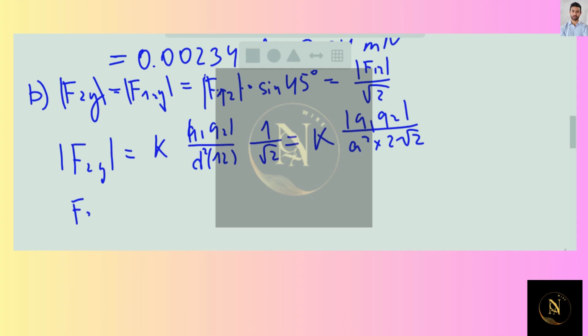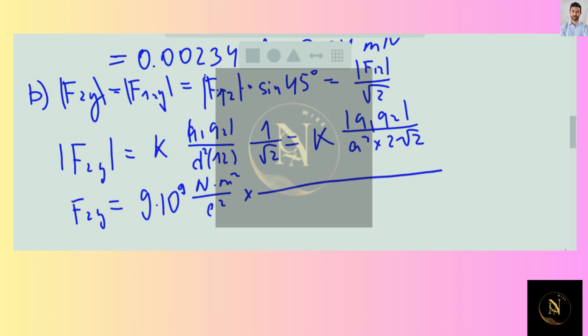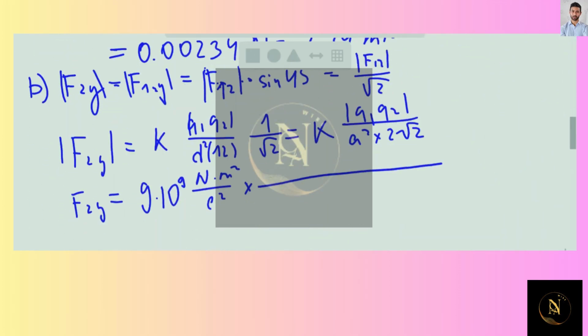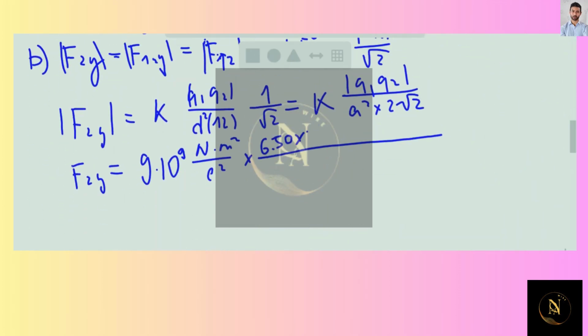Now let's calculate this number. It equals 9 multiplied by 10 to the power of 9 newton meter squared per coulomb squared, multiplied by 6.5 multiplied by 10 to the power of negative 9 coulombs, multiplied by the same charge, divided by 2 square roots of 2 and 5.00 multiplied by 10 to the power of negative 3 meters all squared.